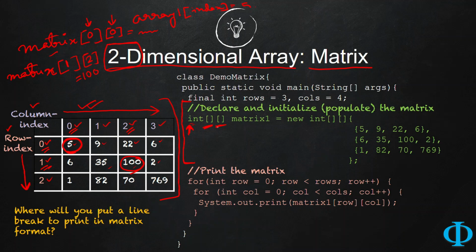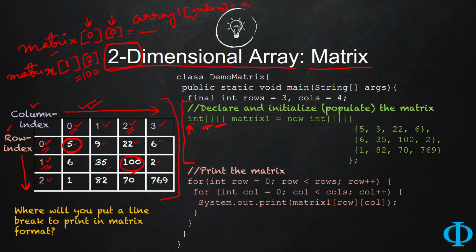Remember the array: since it has only one index, we specified only one set of opening and closing box brackets. But this time, since it has both rows and columns, it has two different types of indexes, so we are giving two different sets of opening and closing box brackets.